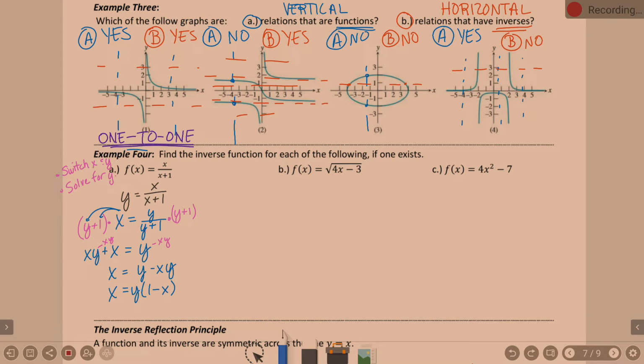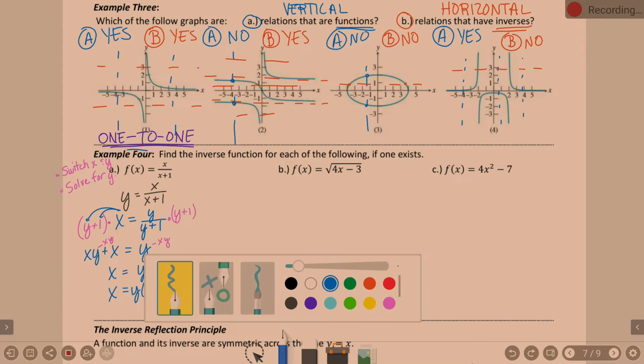Now, we're almost there. We have one last step. Our goal is to solve for y. We want y by itself. We right now have y times 1 minus x. So if it's y times 1 minus x, now I'm ready to divide by that 1 minus x.